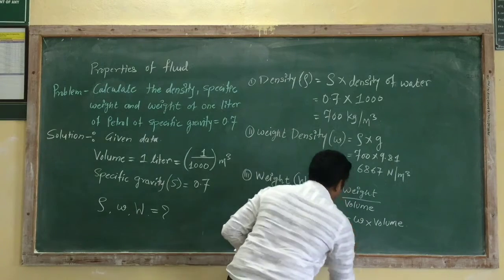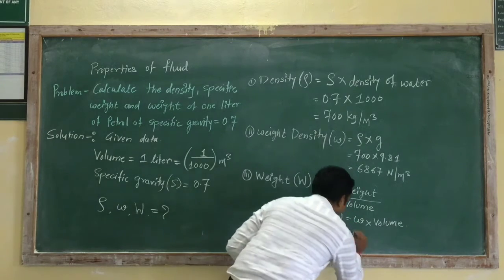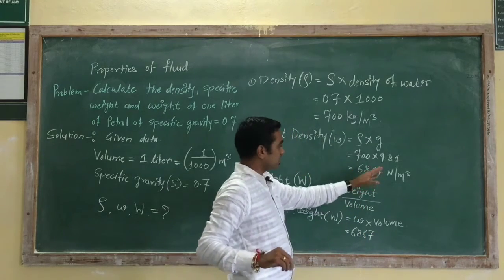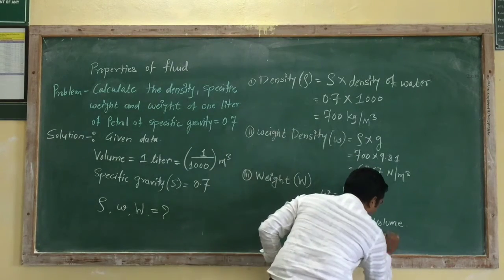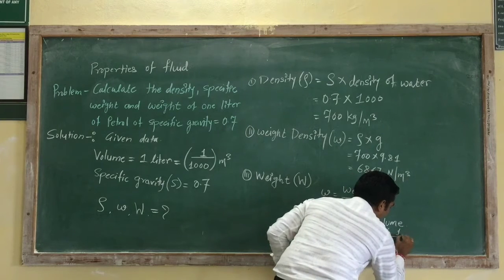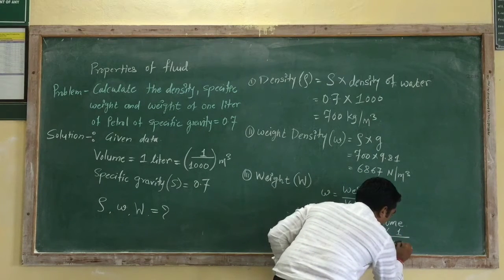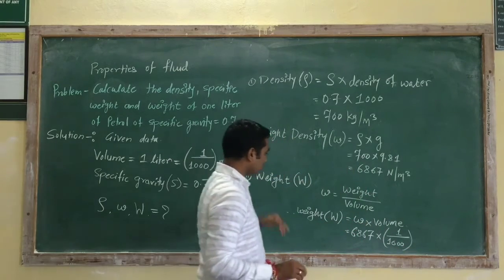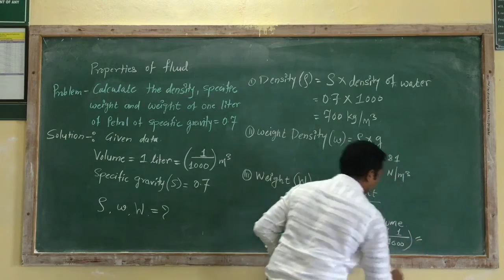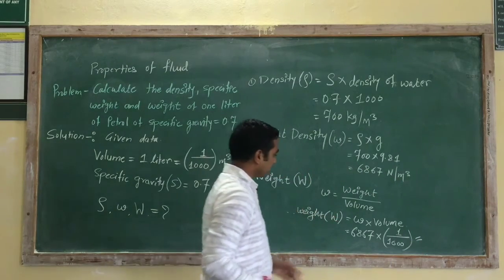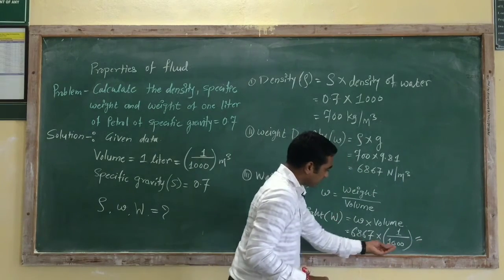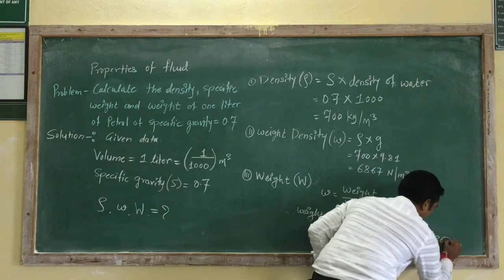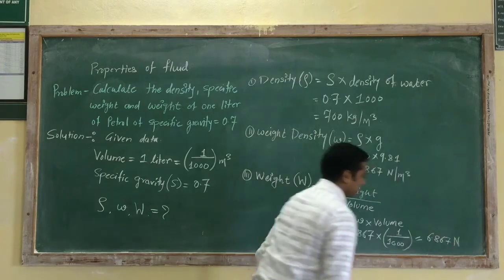Now this specific weight is equal to 6867 Newton per meter cube into volume is 1 divided by 1000. So we will get the value of weight as 6867 divided by 1000, that is 6.867 Newton.